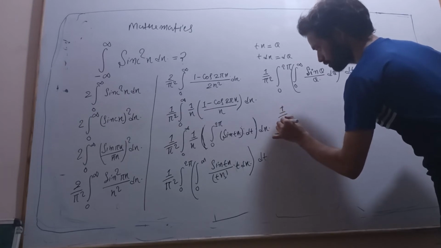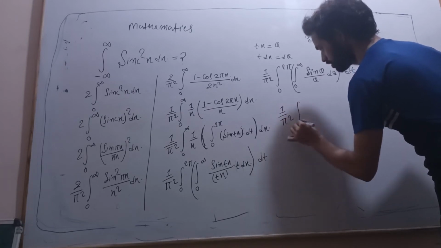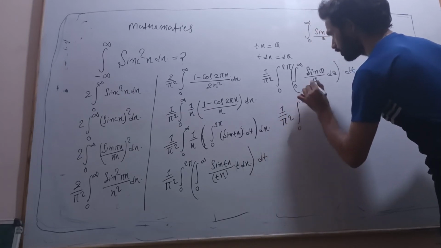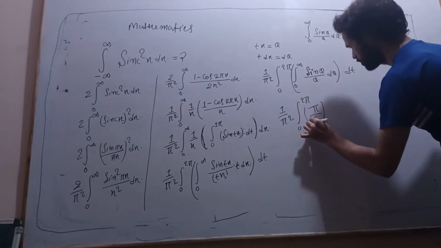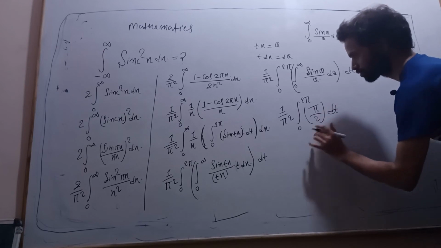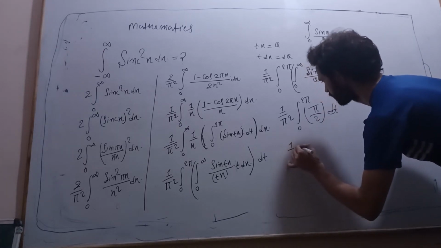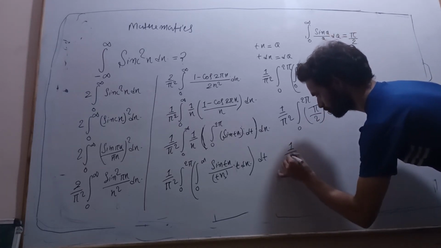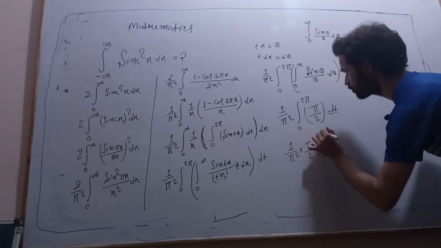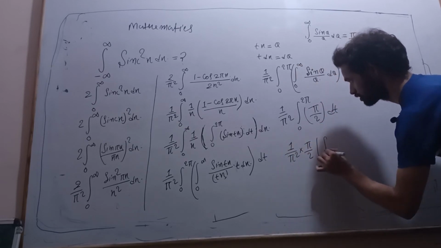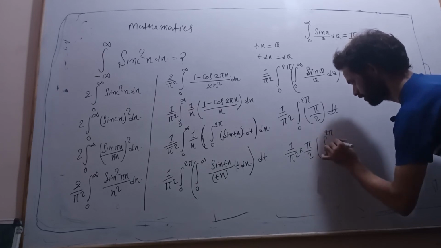Now see here, 1 by pi square, integration 0 to 2 pi, of pi by 2 into dt. So 1 by pi square into pi by 2 into integration 0 to 2 pi dt.